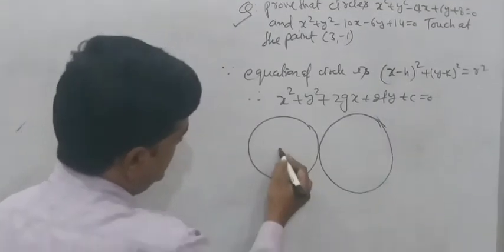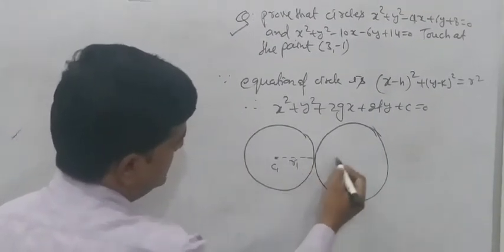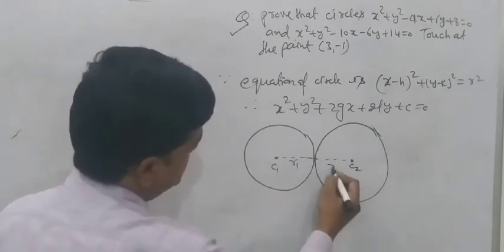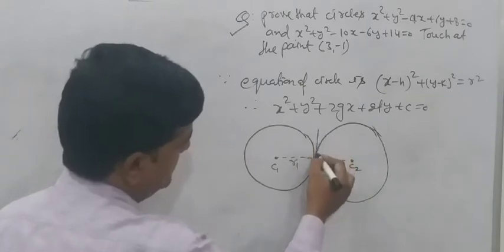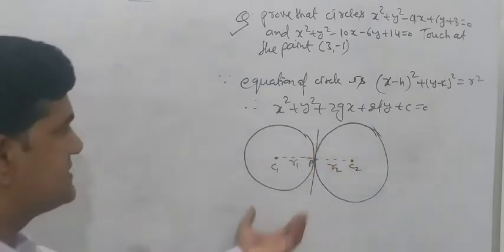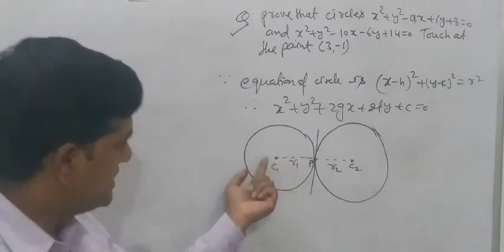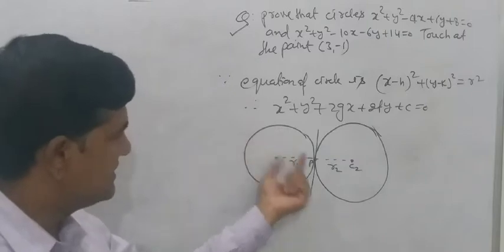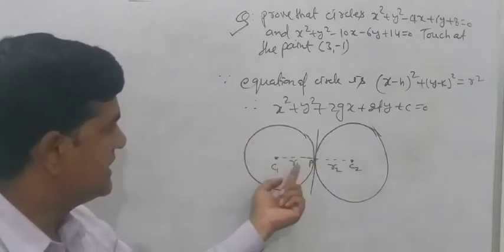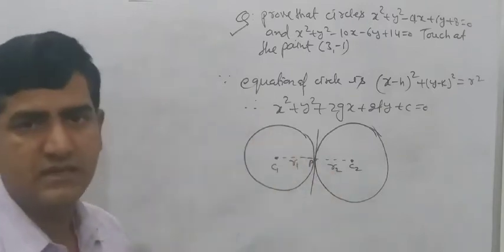C1 with radius R1 and this is C2 with radius R2, and point P is the tangential point. C1 is the center of the first circle, C2 is the center of the second circle, and C1P is the radius of the first circle and C2P is the radius of the second circle.